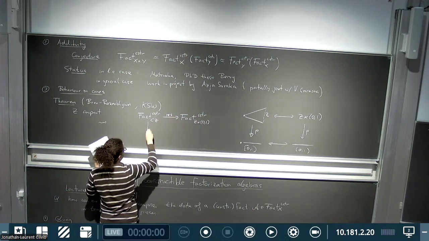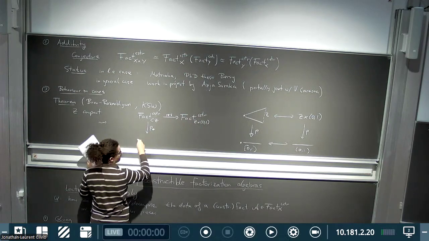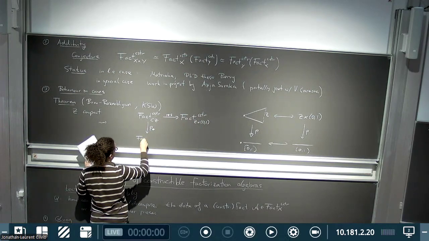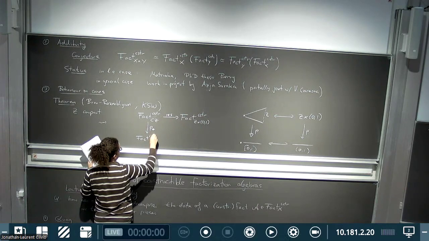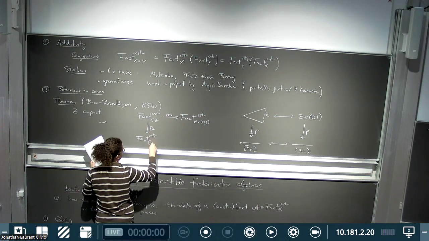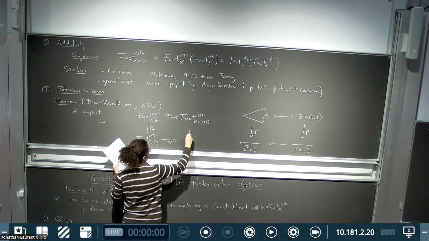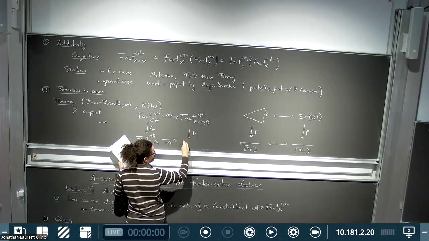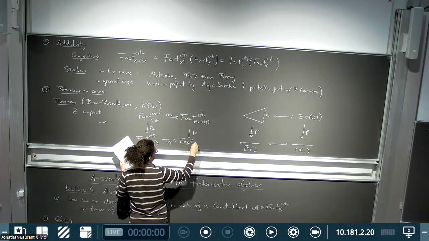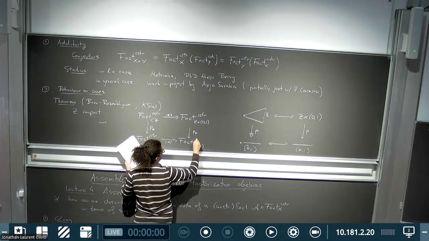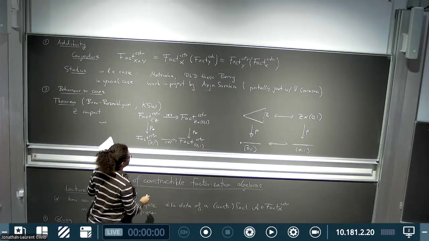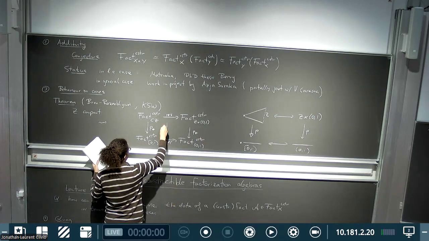Then here you can do push forward along P. And here restriction, you push forward too. And the claim is that this square commutes and is a pullback.